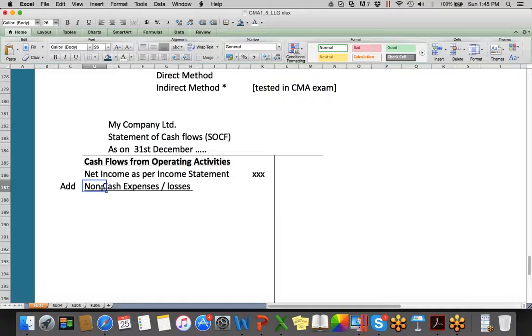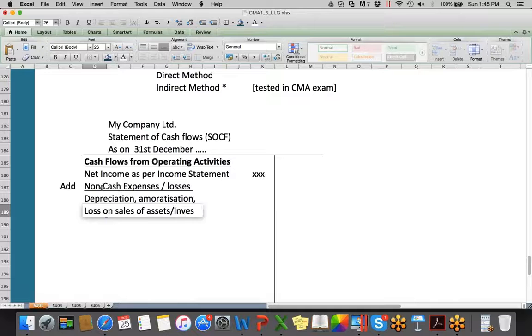Non-cash expenses and losses should be added, including depreciation, amortization. Please remember all this. Amortization, okay. Loss on sale of assets or investments. So these amounts are to be added here.